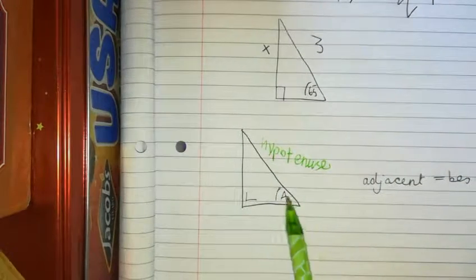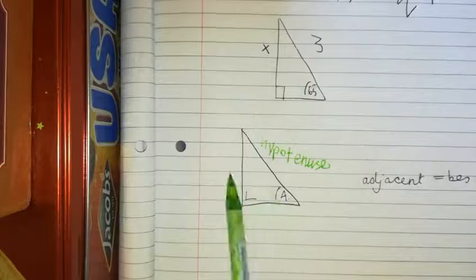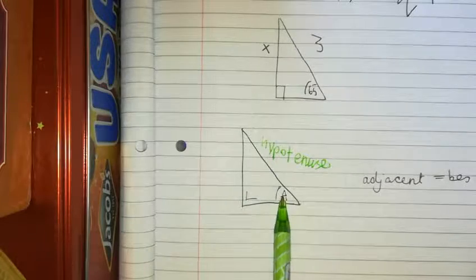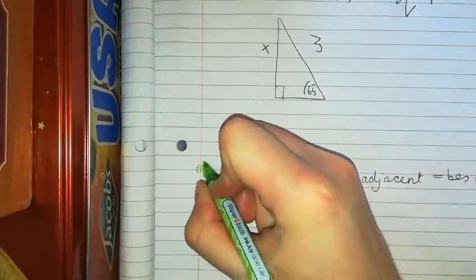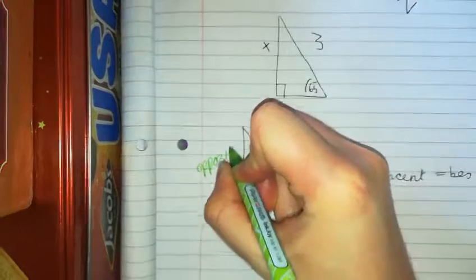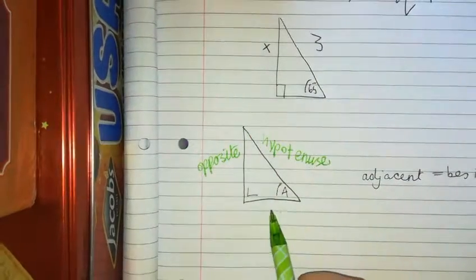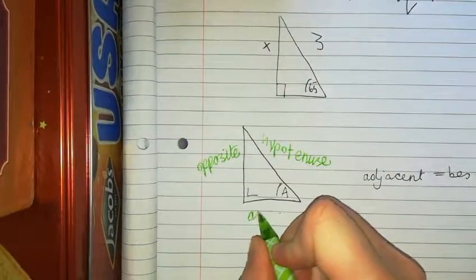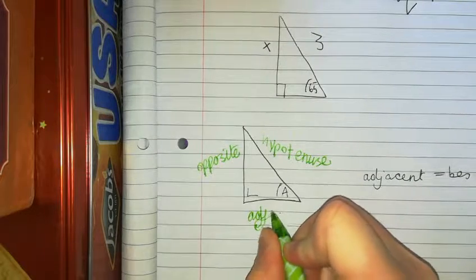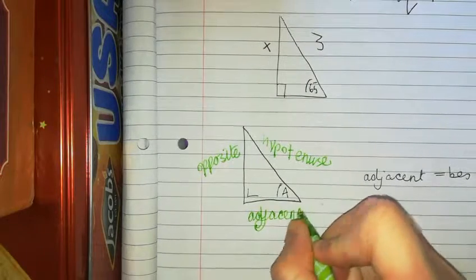The opposite is the side opposite the angle that we're talking about. So this is the angle we're dealing with, and this side here would be the opposite. The one that's left is the adjacent, and that's right beside it. So this is the adjacent.